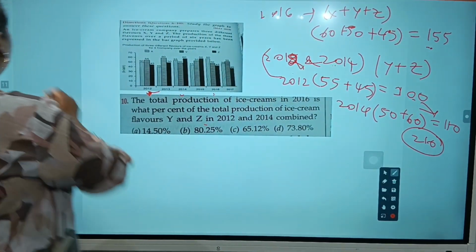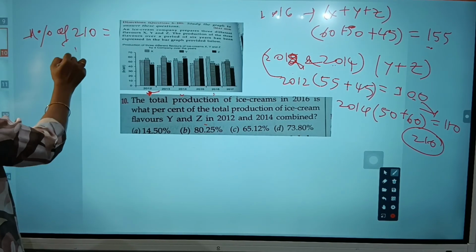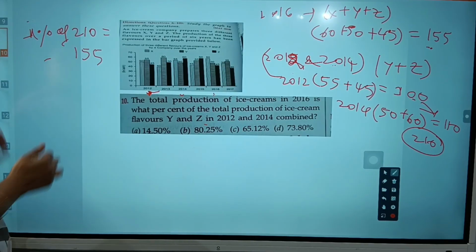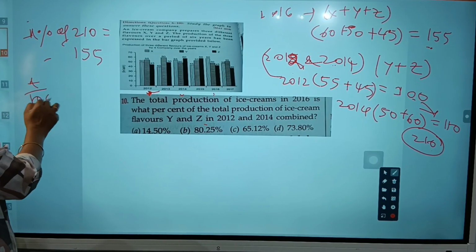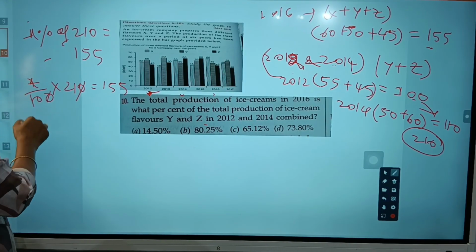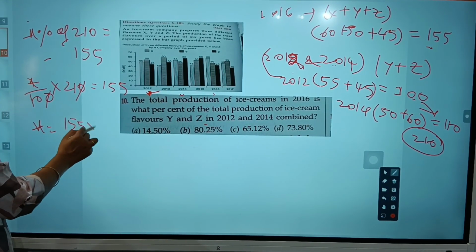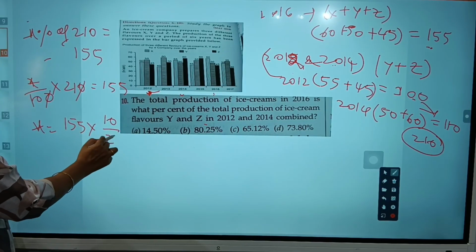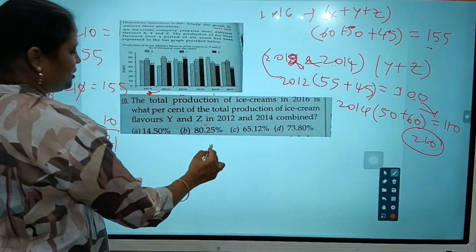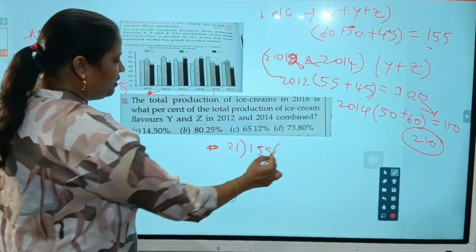So X percent of 210 is equal to 155. We have to make the percentage formula. X by 100 into 210 is equal to 155. X is equal to 155 into 10 by 21. Approximately it comes to 21, 155 means 7 ja.